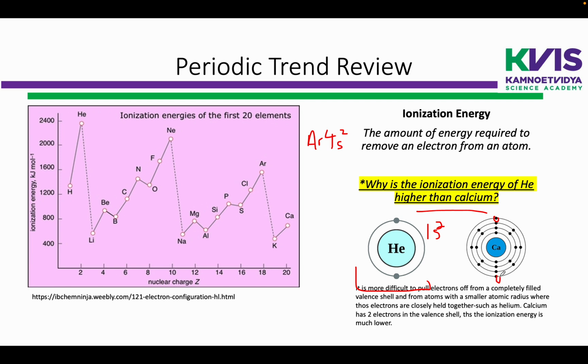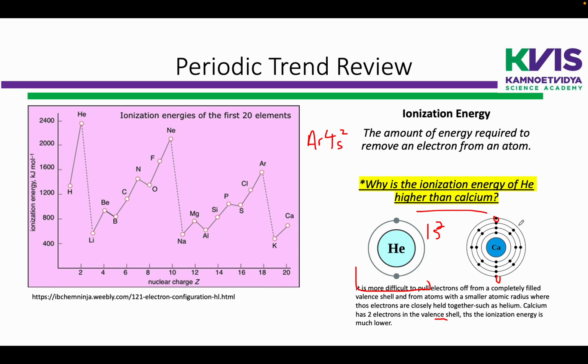It's more difficult to pull electrons from a completely filled valence shell, right? Especially those with a smaller atomic radius relative to something like calcium. Calcium has 2 electrons in the valence shell, so the ionization energy of that is much lower, right? So this is the completely full valence shell, and the atomic radius is smaller.